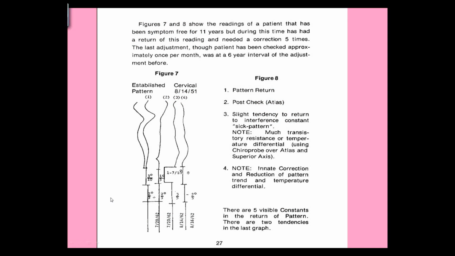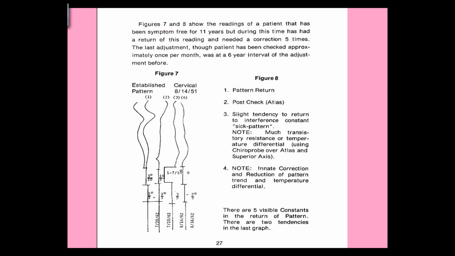This is another page from one of his books, and these are the readings that he takes, the established patterns and future readings. We're going to go through our own, but just to show you how Dr. Duff was doing it. What they were seeing was that there were 5 visible constants in the return of pattern. So what we're going to be looking for is the constant.